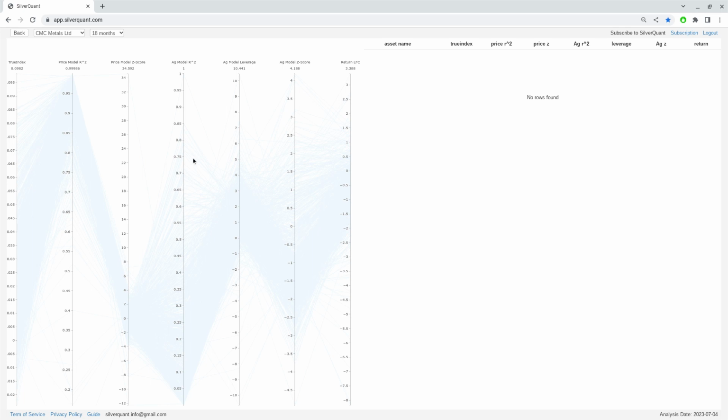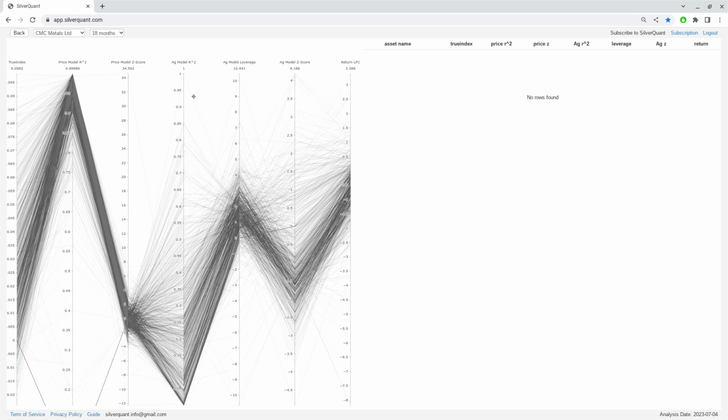The way we use the parallel coordinates interface is to select ranges that we want to see. So let's say we are interested in seeing which assets have a high silver leverage estimate. Now, the first thing we're probably going to want to do is select assets that have a large R-squared value, or at least somewhat large R-squared value.